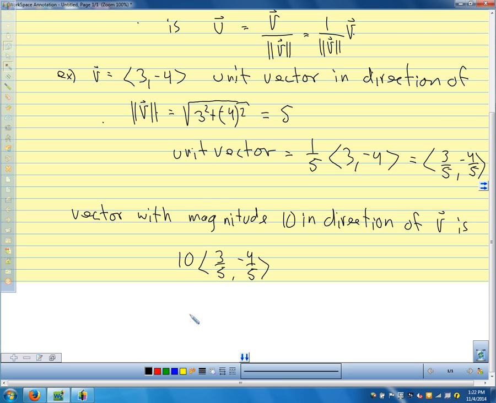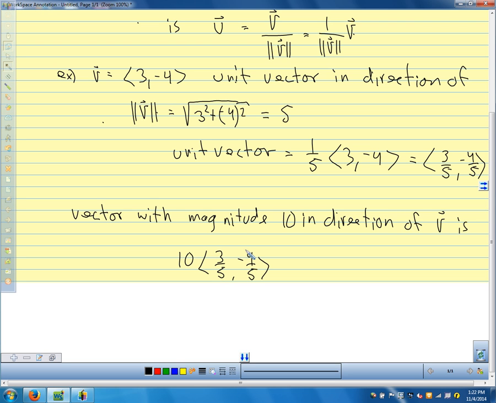What if we wanted a vector with magnitude 5 in the opposite direction of v? What would we do then? Multiply it by negative 5. The negative changes the direction, and the 5 gives us the magnitude we want.